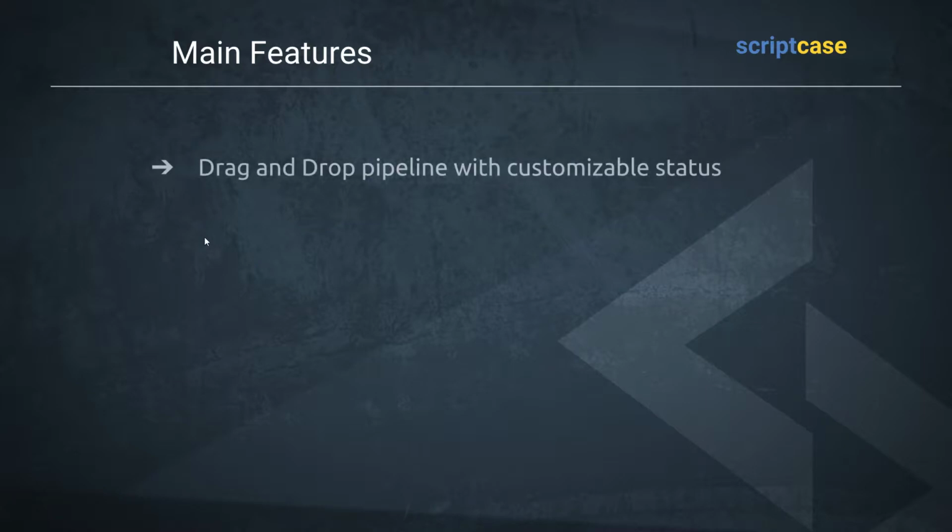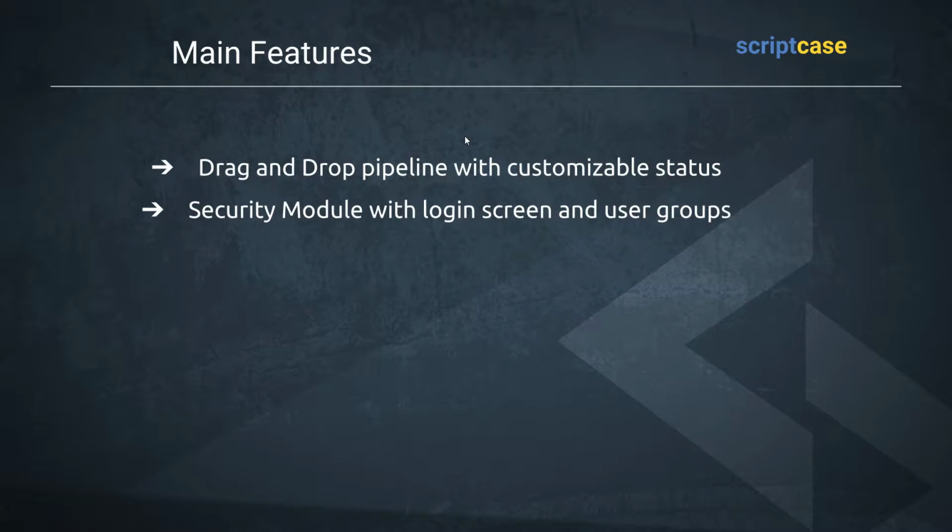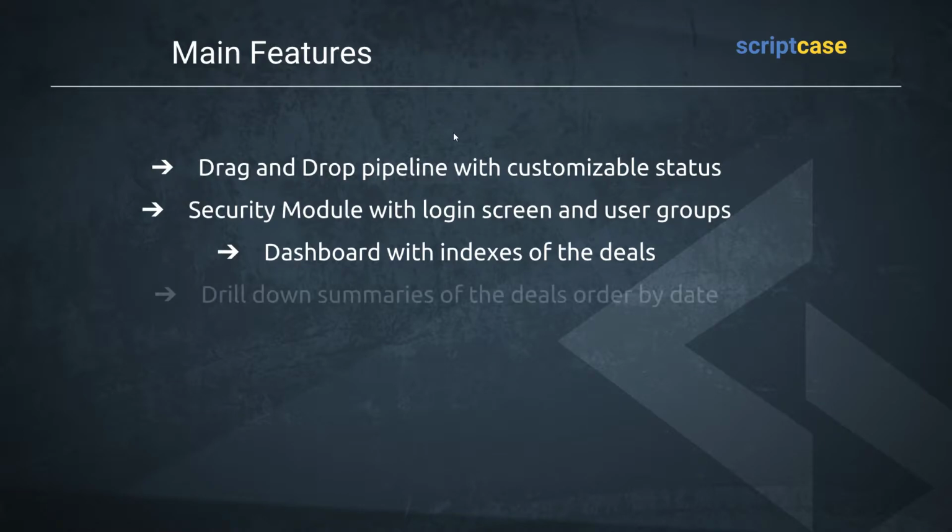We will have a drag and drop pipeline. I will show you then how it works, all right? With customizable status. We will also have a security model with login screen and user groups. We will have a dashboard with indexes and deals.